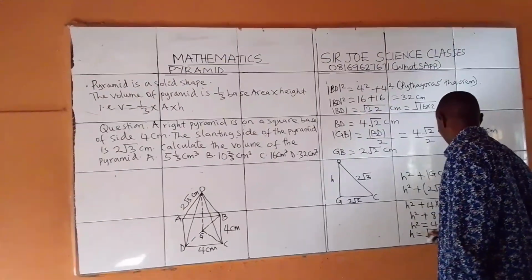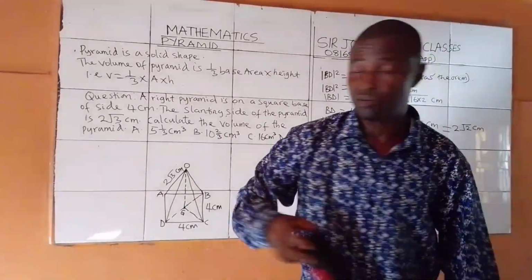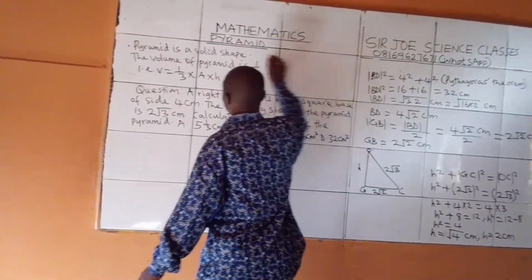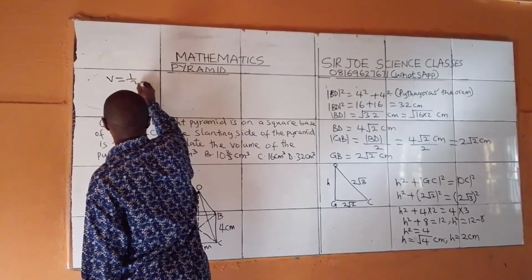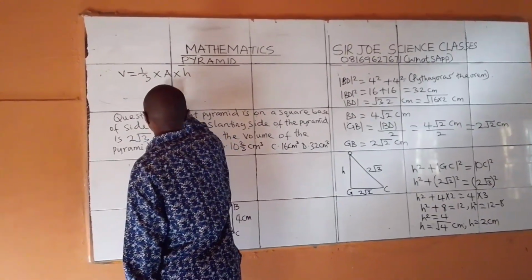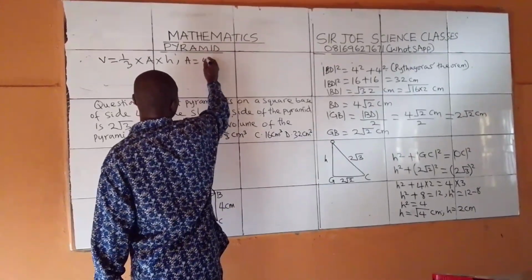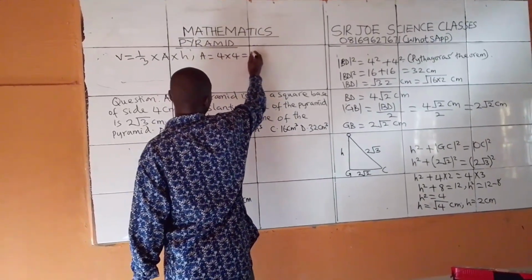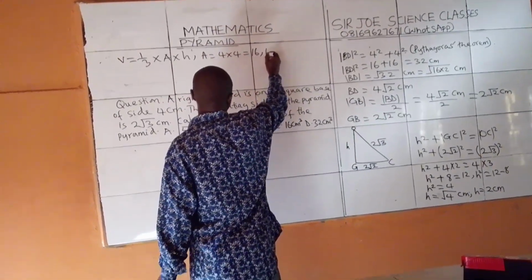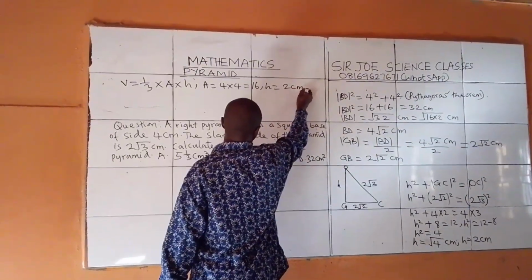Now that we have calculated the height, we need to calculate the volume. V is equals to 1/3 times A times H. Now our A, which is the area, is equals to 4 times 4, which is equals to 16. Then our H is equals to 2 centimeter.